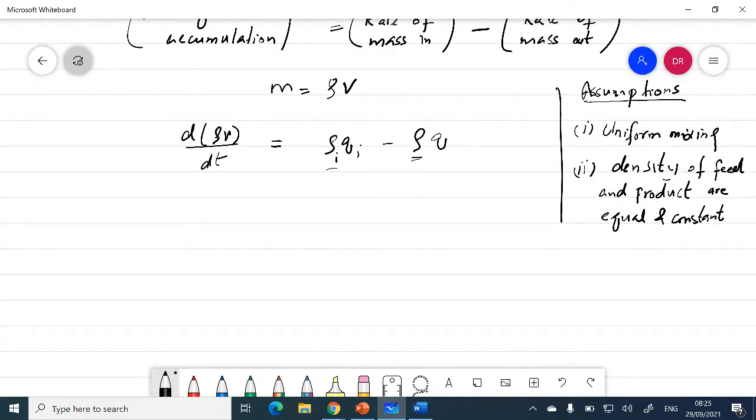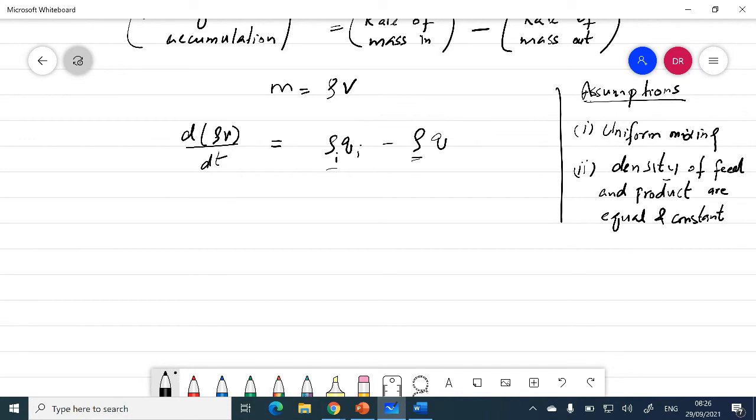Okay, so as I said, first we have to define the objective, then we have to describe the process, and we have to label all the symbols, and then we have to state any assumptions. And after that we have to start our dynamic model.